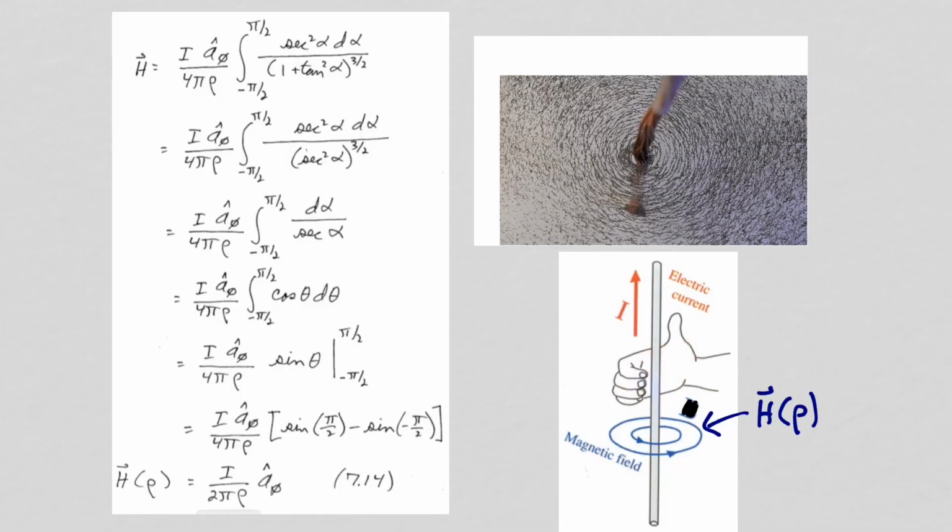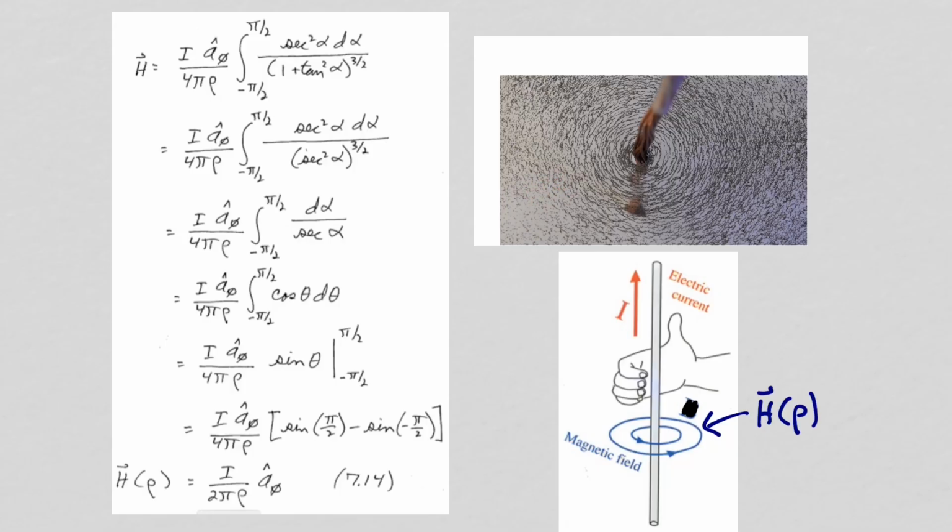And the magnitude of the magnetic field intensity falls off as 1 over the distance from the wire. And we see that with the iron filings, because if we get far enough away, the magnetic field intensity is not strong enough to orient those iron filings.